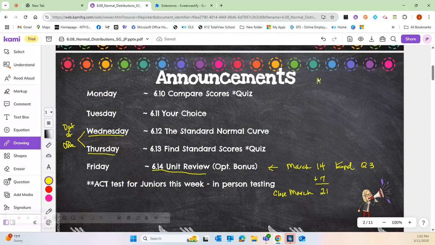Come Monday, which will be March the 17th, that'll be assignment 6.15. That'll be a unit test, part 1 and part 2. This will begin quarter 4.